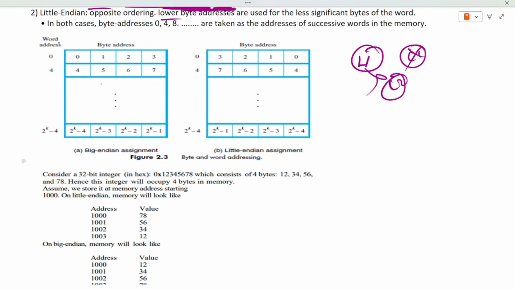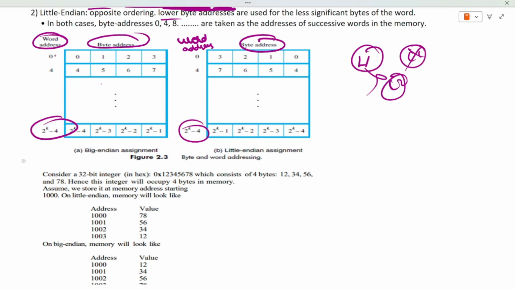Okay, first you will start with a word address. I hope you know the byte address. Now this is also the word address, and this is the byte address. Here also 2 power k minus 4, and the word address varies from 0 to 4. What is the change here? Mainly it has 0, 1, 2, 3, 4, 5, 6, 7 continuously, that is the normal way.